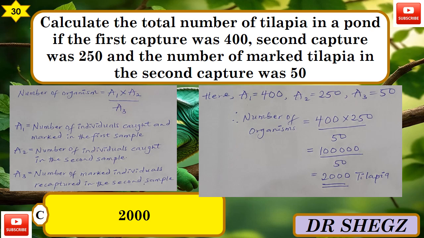A2 is the number of individuals caught in the second sample, while A3 is the number of marked individuals from those recaptured the second time. So by the time you calculate it, 400 is the first capture, 250 the second capture, then 50 is the number of marked ones. You will notice that you have 2,000 tilapia in that particular area.